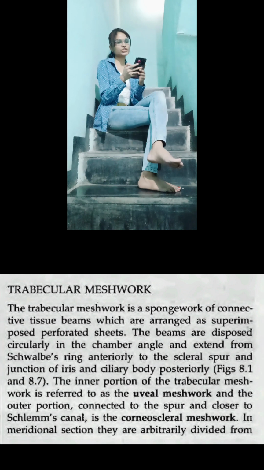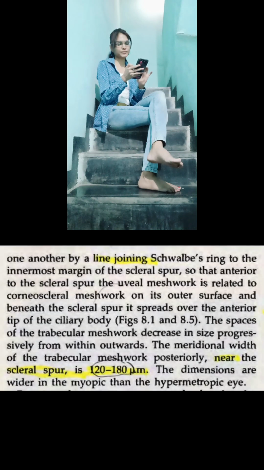In meridional section, they are arbitrarily divided from one another by a line joining Schwalbe's ring to the innermost margin of the scleral spur, so that anterior to the scleral spur, the uveal meshwork is related to corneoscleral meshwork on its outer surface, and beneath the scleral spur, it spreads over the anterior tip of the ciliary body.